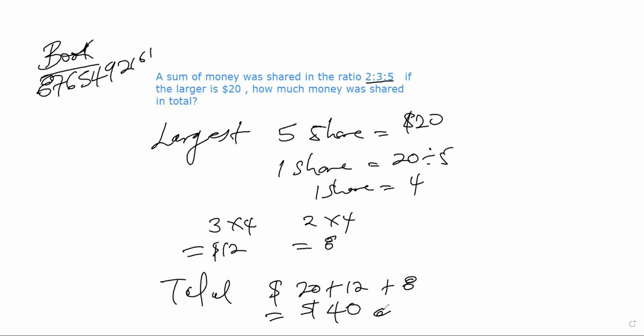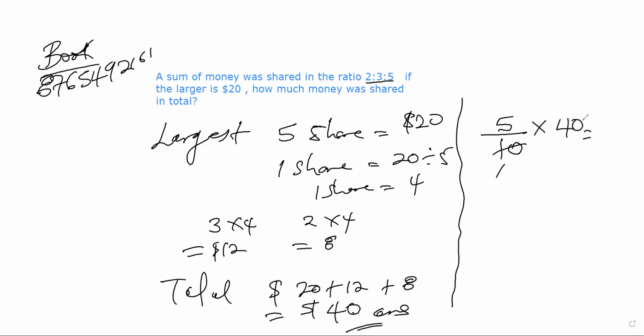Very good, very good. And guys, you can actually check it, if the theory is correct. Let's check if the largest share is $20 when 40 was shared originally. I should have shown you guys this. If it's 5 out of, the total would have been 10, right? So it should have been 5 over 10 times the total money shared, which was $40.